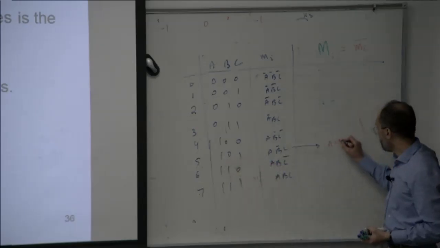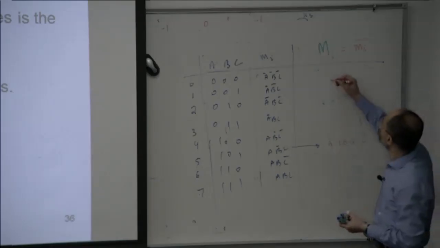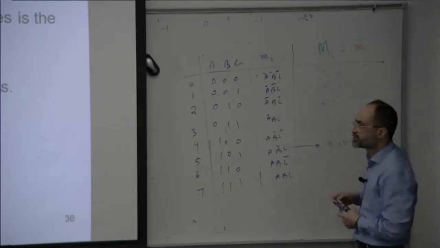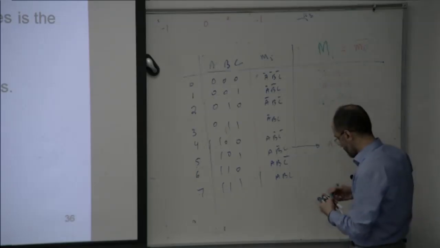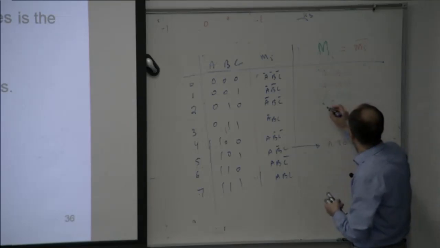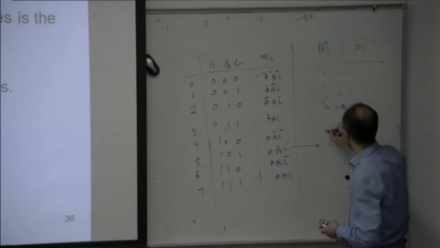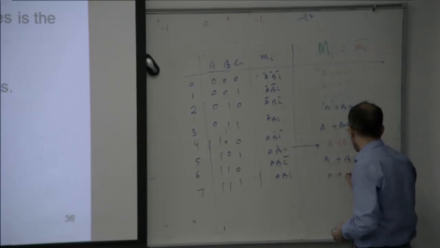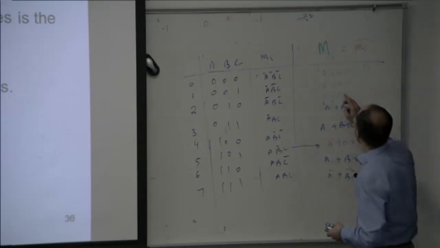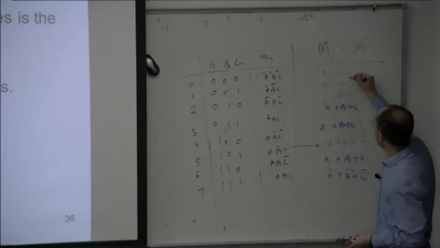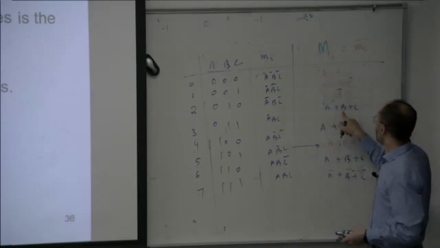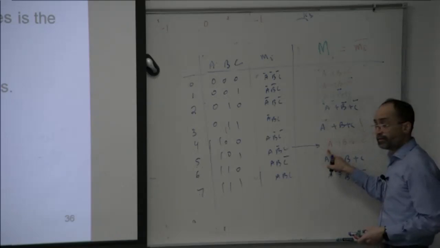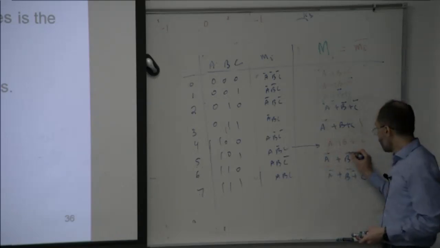So this is A plus B plus C, and we can go on: A plus B plus C', A plus B' plus C, and so on, for the combinations 000, 001, 010, 011, 100, 101, 110 and 111.